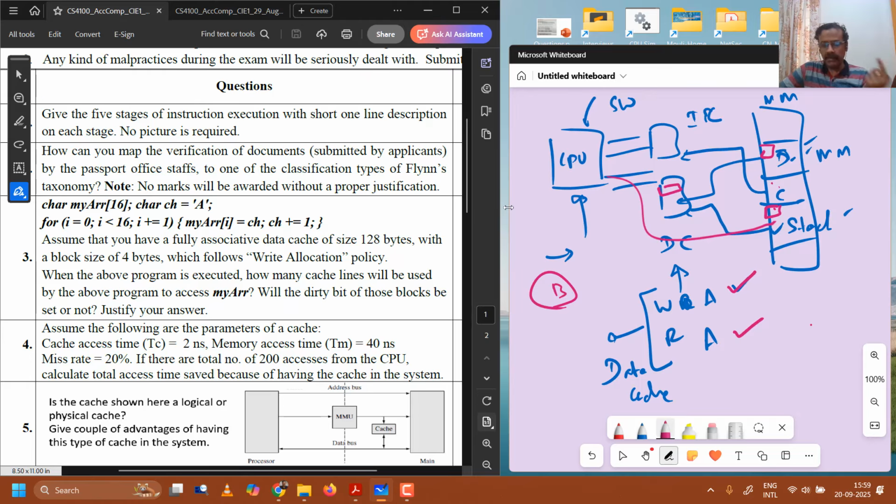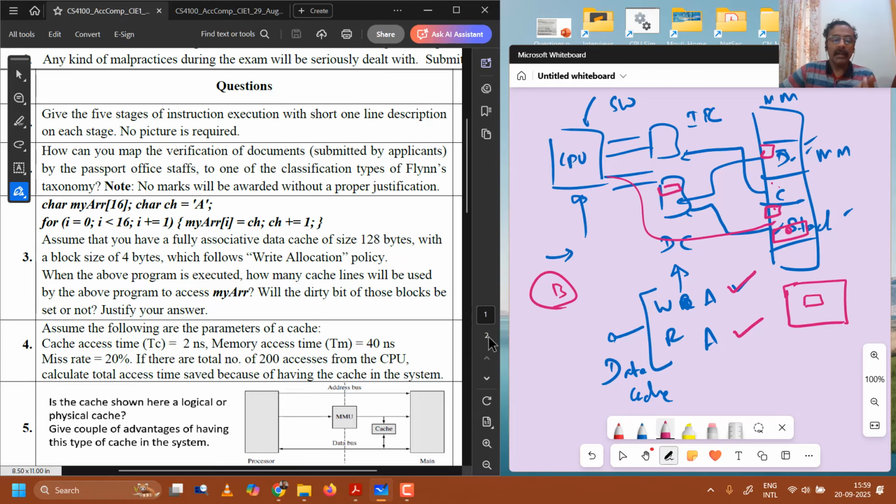Is it going to get the entire block of data from the main memory around the byte or word the CPU is trying to access? Always remember the block size is a little bigger compared to what the processor is trying to access within the block. So you can understand that if it is a write allocation, any write operation performed by the CPU is going to allocate a block into the cache.